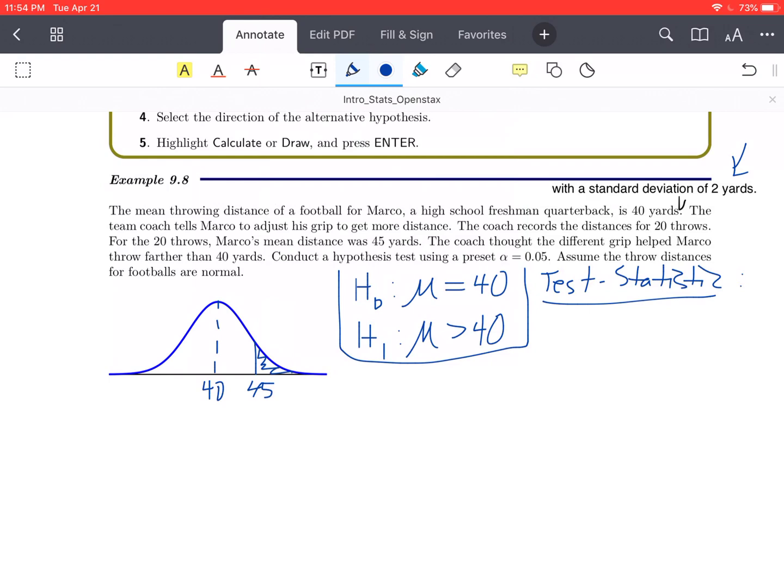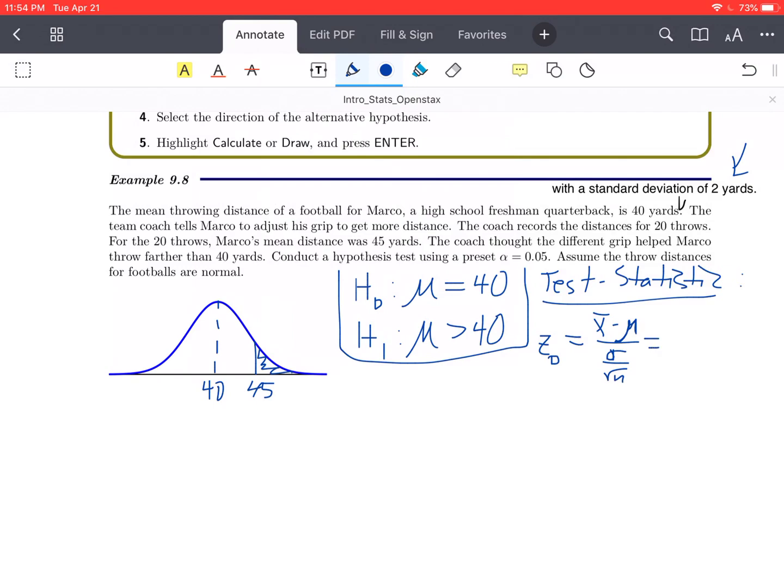We always denote these with a sub-zero next to them. That tells us that it's the test statistic. And we need to compute the z-score. The formula for computing the z-score is x bar minus the mean, over the standard deviation over the square root of n. So that's x bar minus mu over sigma over the square root of n.